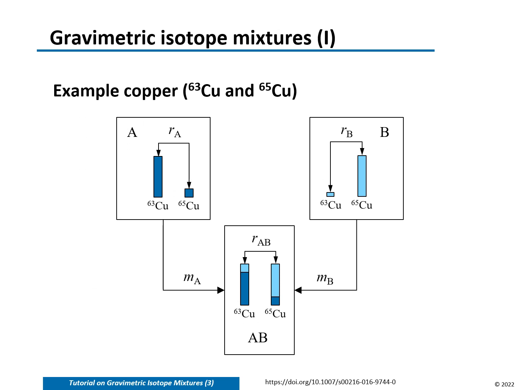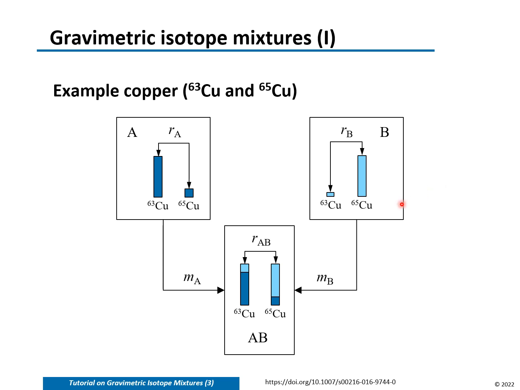But how does it work? Copper as a two-isotope system is a really simple example. You will need two starting materials, A and B, each one enriched with respect to one of the two isotopes. In this case, it's 63. In this case, it's 65.